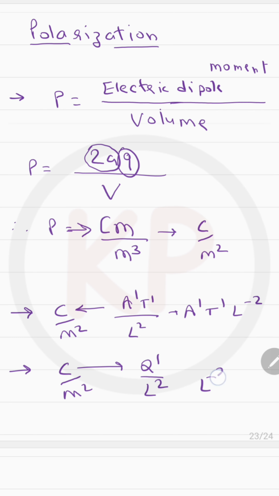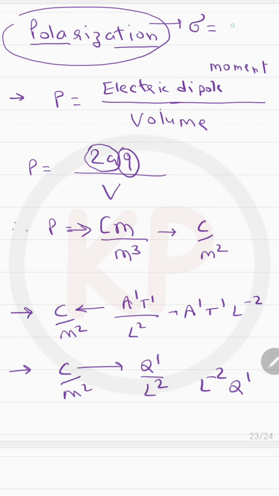We'll get L minus 2 Q1. So remember, the unit and dimensional formula of polarization is equivalent to sigma, that is surface charge density. So if it's surface charge density or polarization, both will have same unit and dimensional formula.